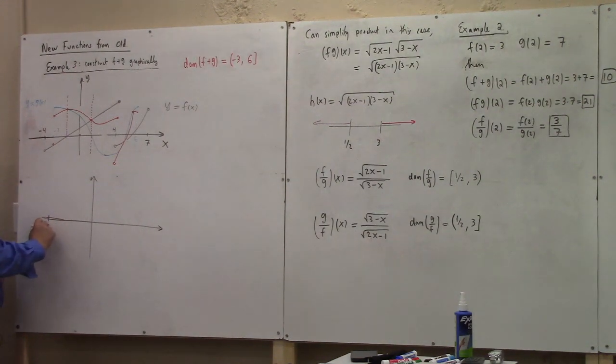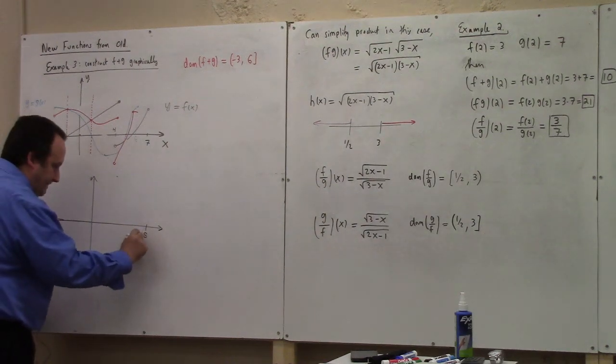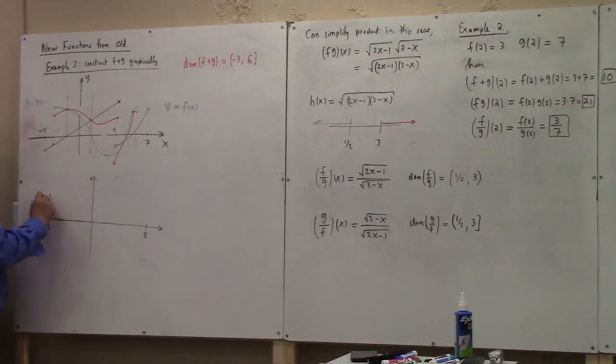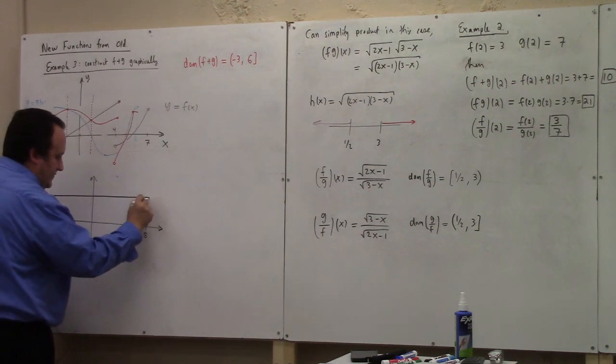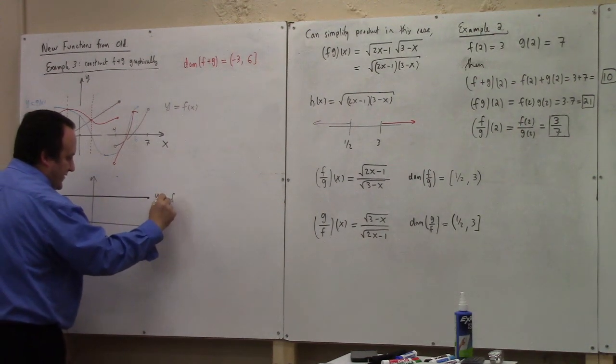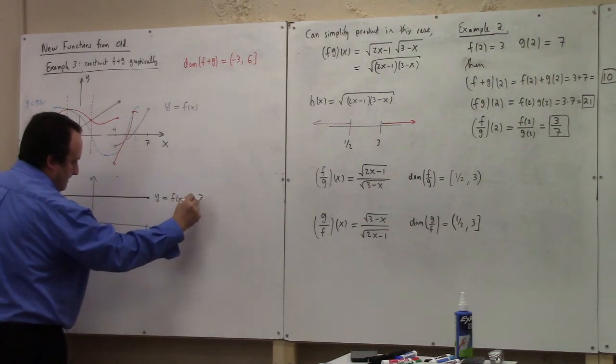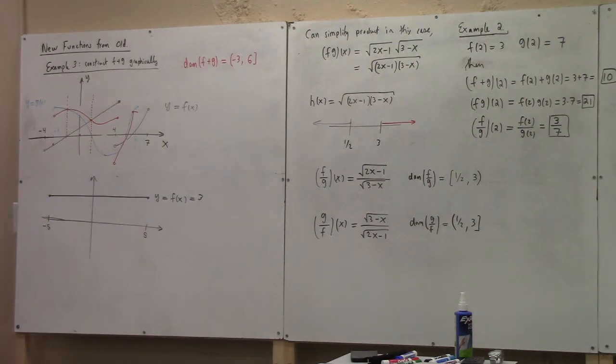I'll go from -5 to 5. And I'll just let y equals f of x equals to 3. All right?